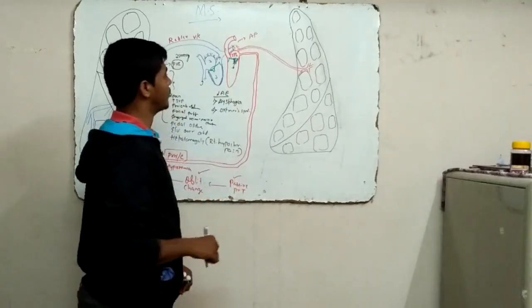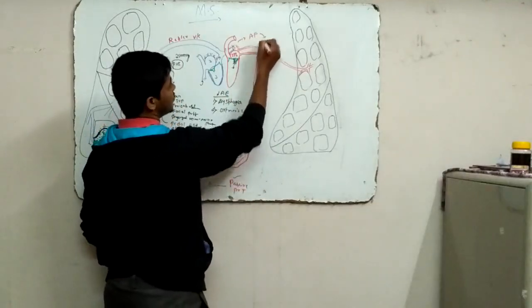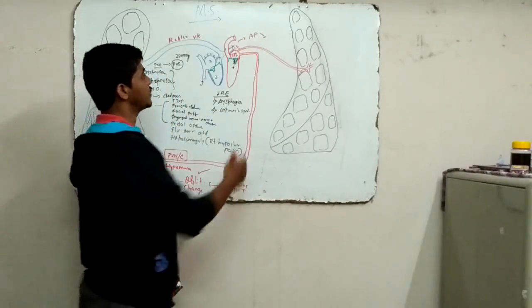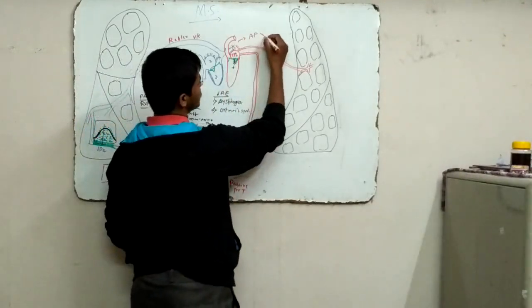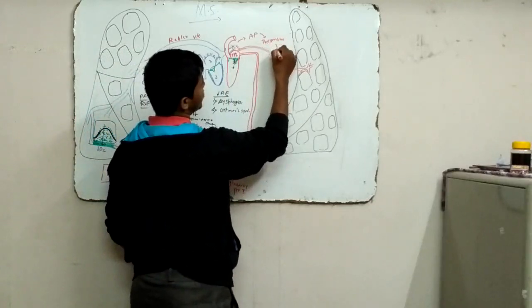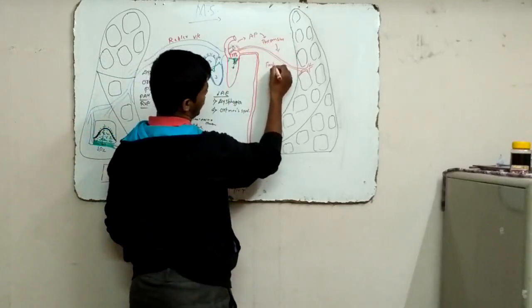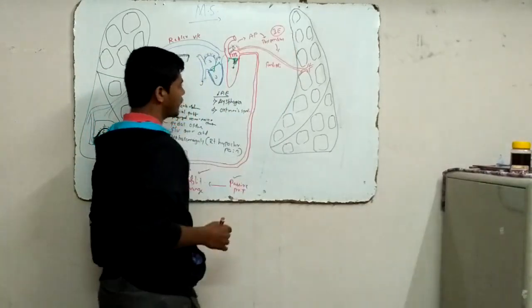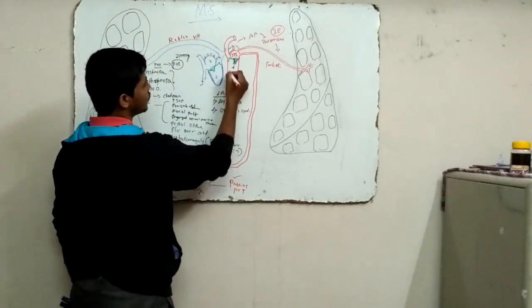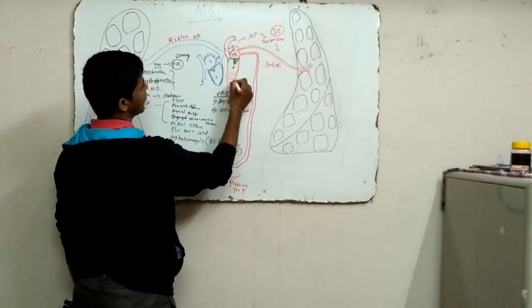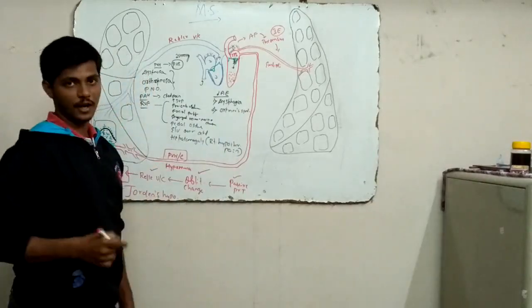And if there is atrial fibrillation, there is stagnation because the atrium is not able to contract and pump up properly. There is stagnation of the blood, and that will lead to the formation of thrombus, and that may lead to the formation of emboli, or it may also lead to infective endocarditis.